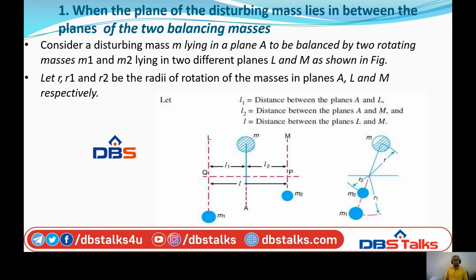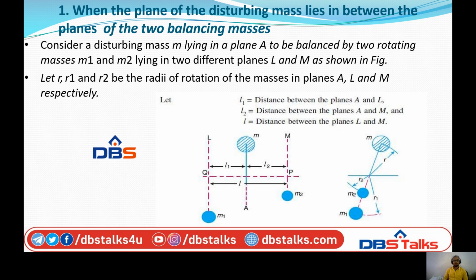So the mass M is to be balanced by the two corresponding masses M1 and M2. Let us consider the diagram for the balancing of a single rotating mass by two rotating masses in different planes, when the plane of the single rotating mass lies between the planes of the two balancing masses.